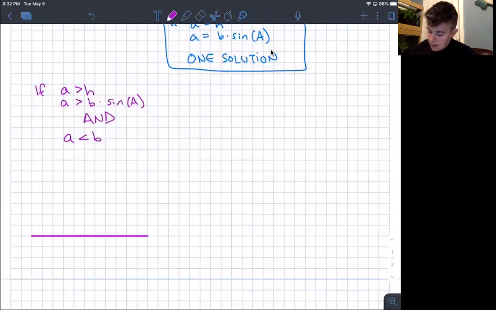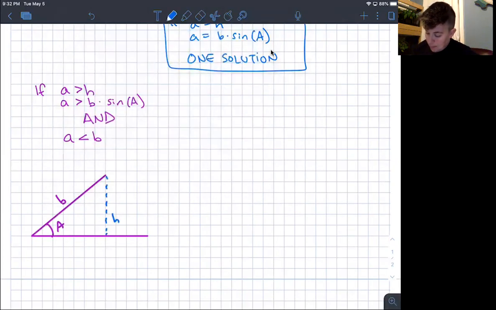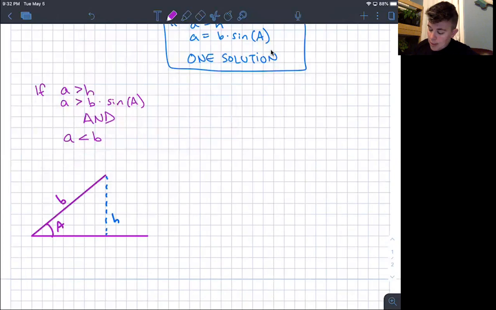So there's the bottom. We're going to make this angle A. We're going to make this side B. Here is the height. Or sorry, if A is greater than the height, not less than the height, golly gee willikers. So here's A. I'm going to make it just a little bit longer than the height, but I'm going to move it over here.